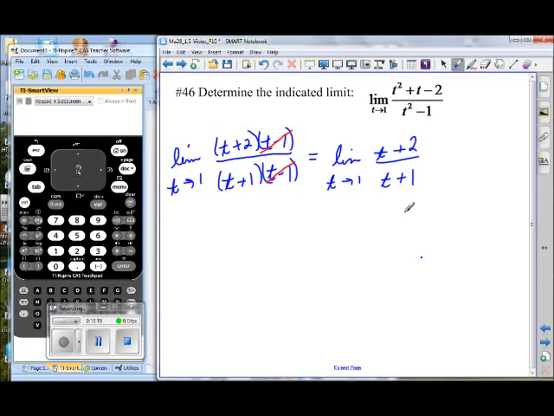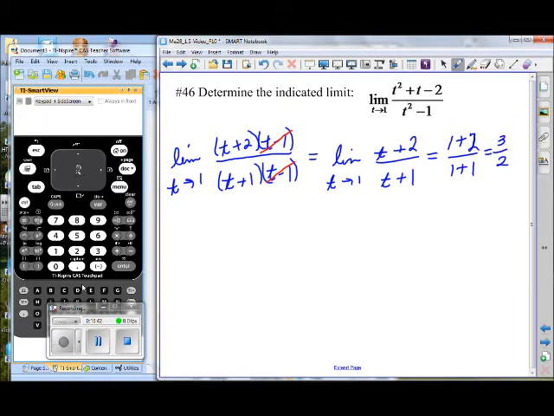I still have t in the denominator, but can I now use direct substitution? Again, I just have to avoid the denominator of 0. So if I have 1, and in my numerator I have 1 plus 2, my denominator would be 1 plus 1.